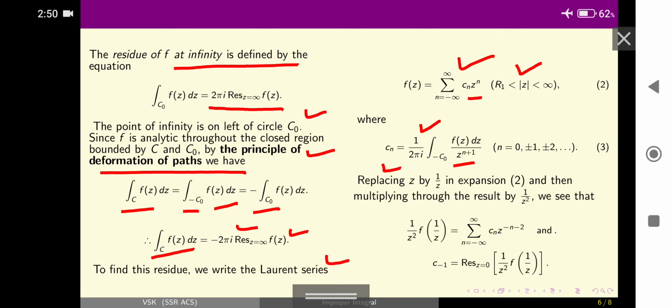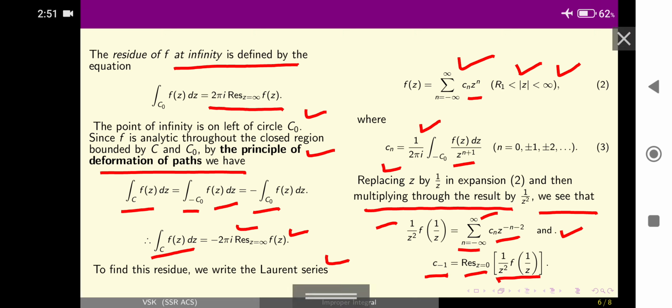Now replacing z by 1/z in expression number 2 and then multiplying throughout the result by 1 upon z^2, we see that (1/z^2) f(1/z) is equal to the sum from n equal to minus infinity to infinity of Cn z^(-n-2). And the value of coefficient C minus 1 will be the residue of this function at z equal to 0.